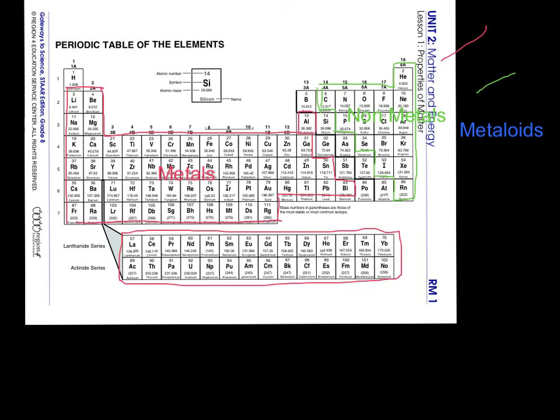And finally, right between the metals and the nonmetals, along the stair step, everything connected to the stair step on both sides, with the exception of aluminum, are metalloids. And so these are the metalloids.